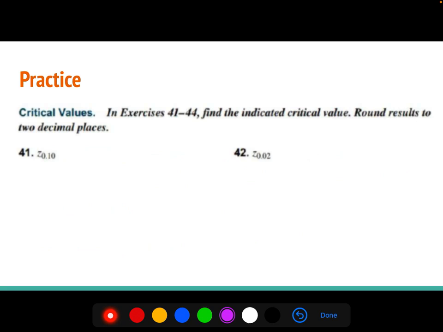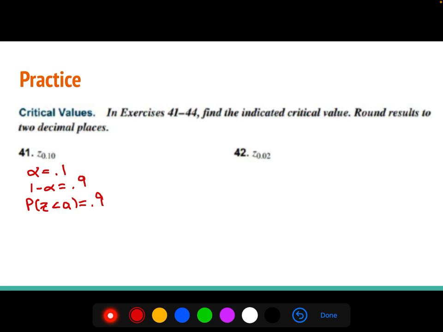All right, so that means you're going to have to do these. We're going to practice them. If we have a z at a critical value of 0.10, remember that's to the right. So that means alpha is 0.1, but that's to the right. We want the left. So 1 minus alpha is 0.9.